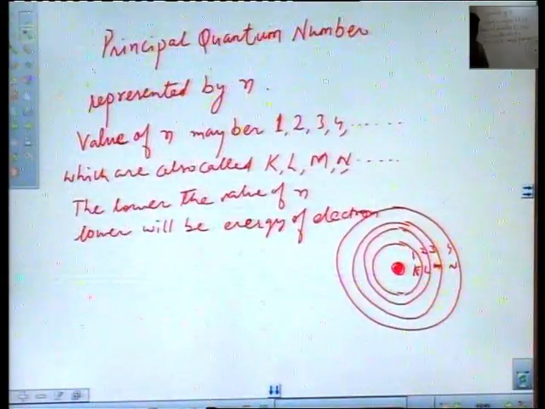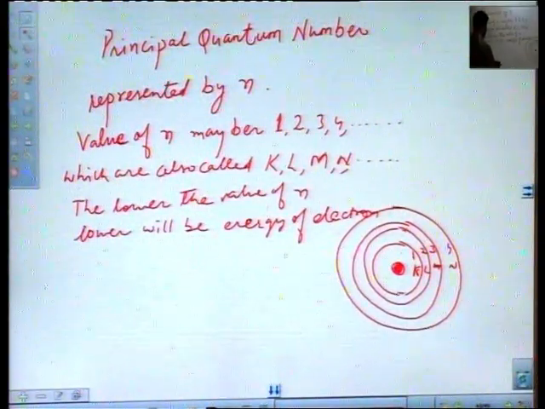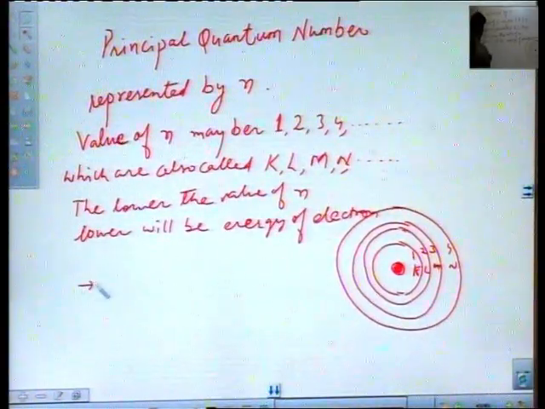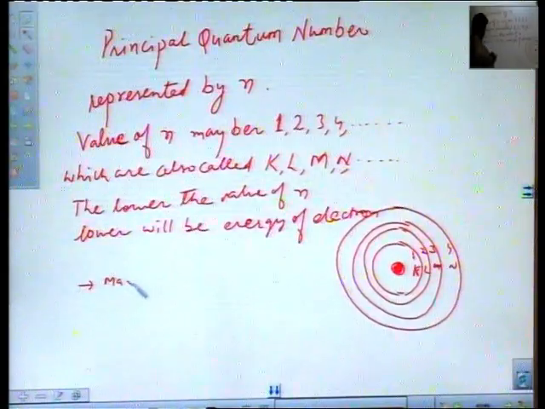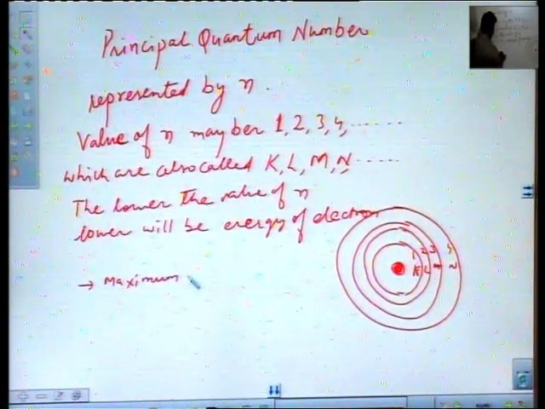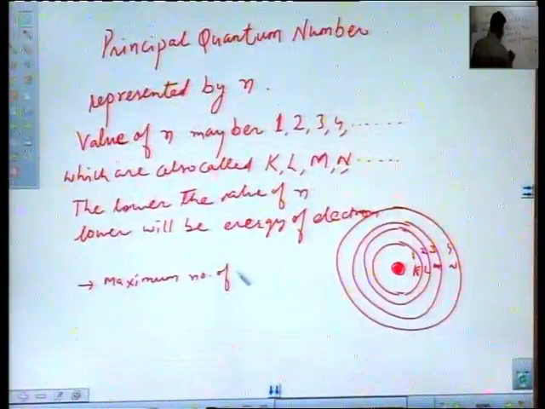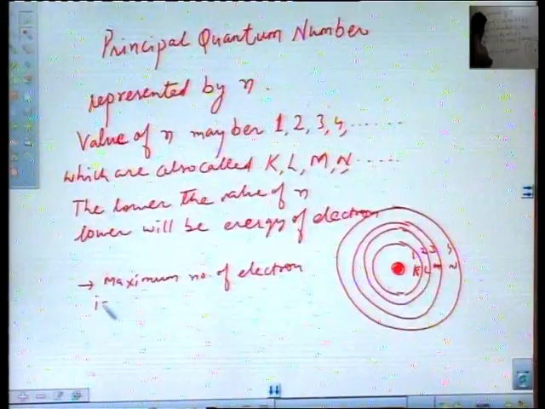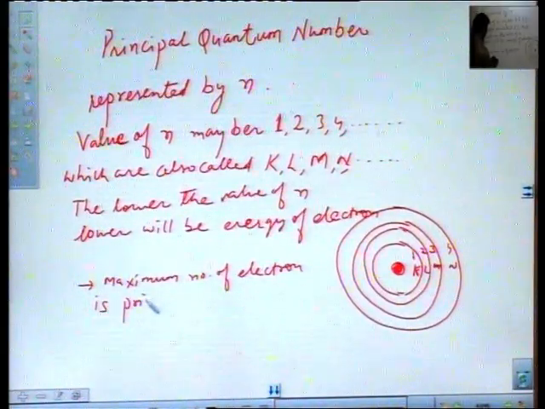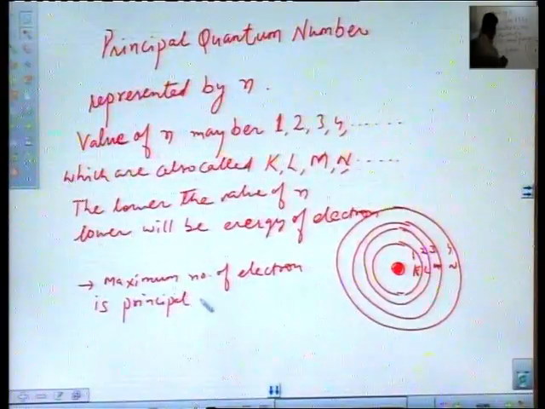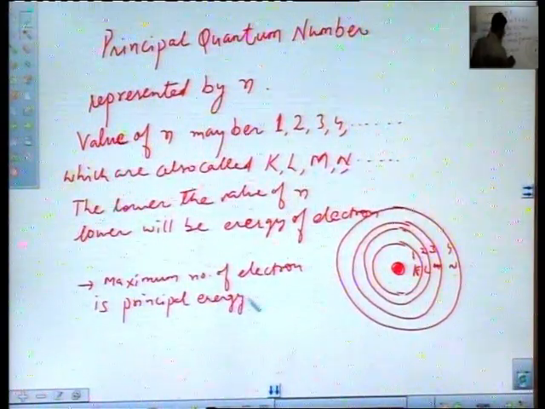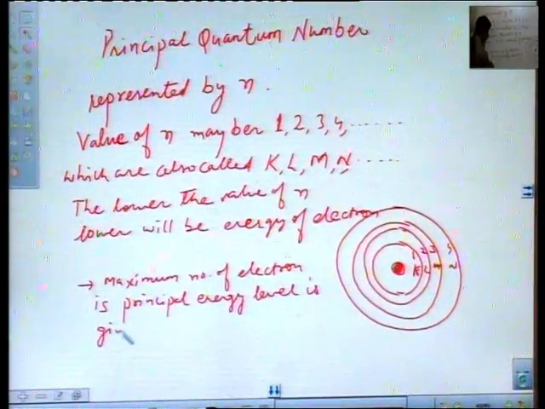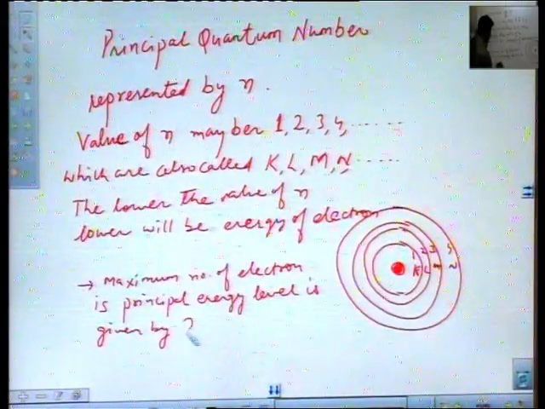The maximum number of electrons in a principal energy level is given by 2n square.